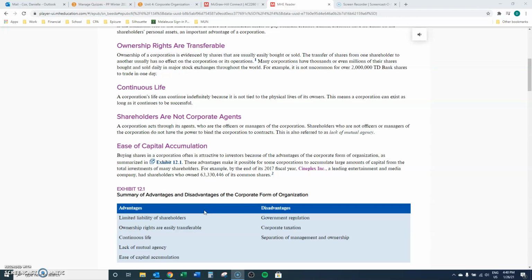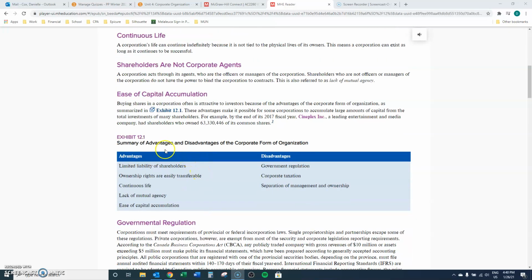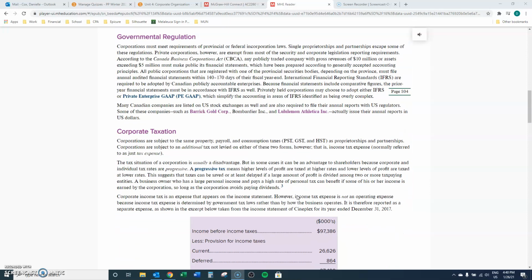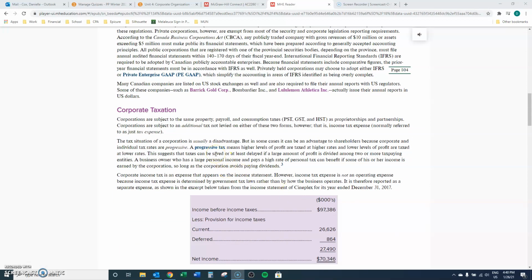What else do we want to look at? Oh, this exhibit here, 12.1, is a summary of advantages and disadvantages of the corporate form of organizations. So everything we just looked at here, they're listed out. And corporate taxation.